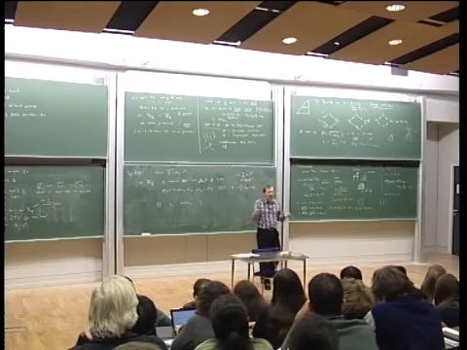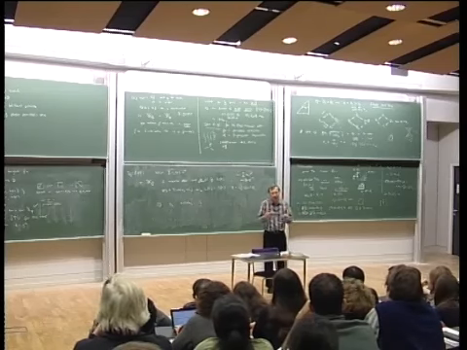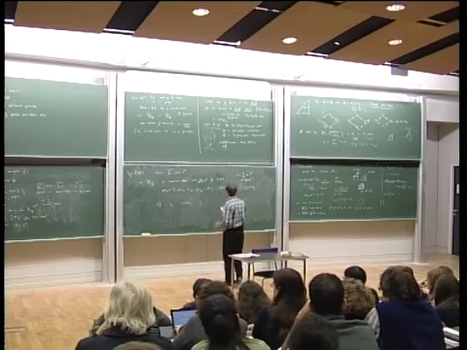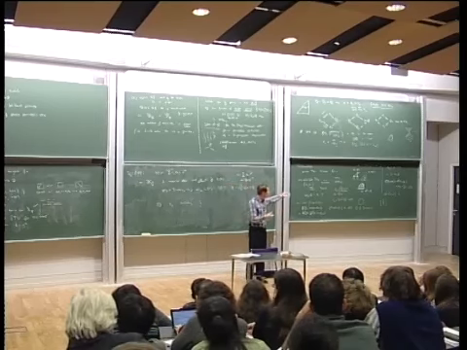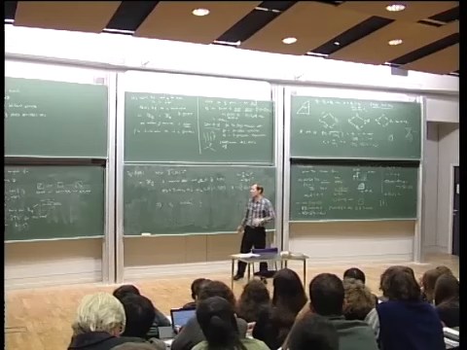So this is how the two things join. For a pair, there's a unique choice, and that unique choice has SLC singularities as predicted by the minimal model program.